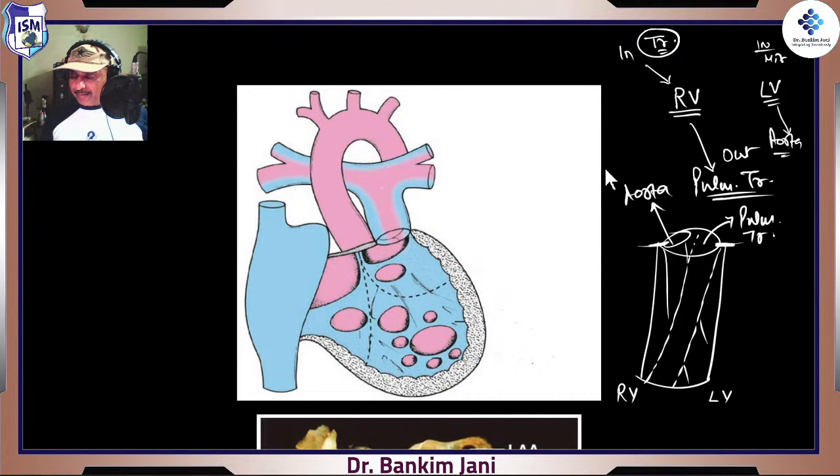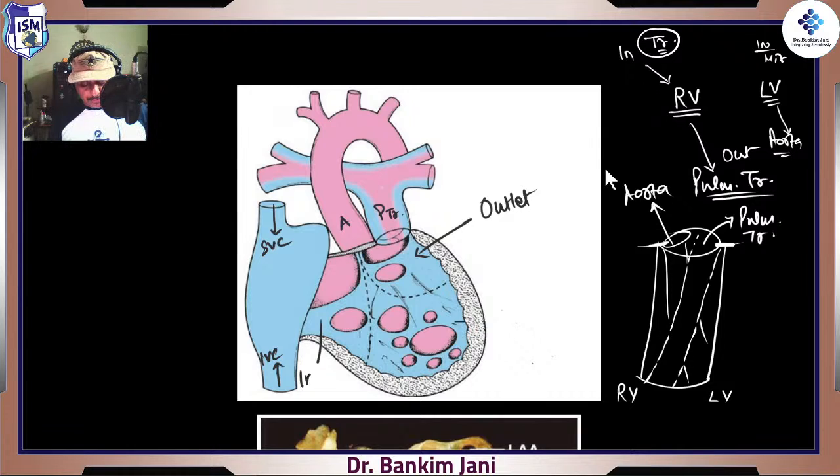With that light, you just see that this portion is what is called the outlet. From here, this is the aorta, this is our pulmonary trunk, so that is the outlet. This is the superior vena cava, and that's the inferior vena cava. So obviously this portion is our inlet.